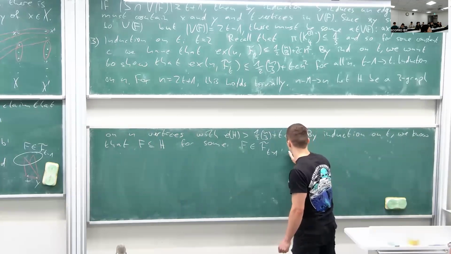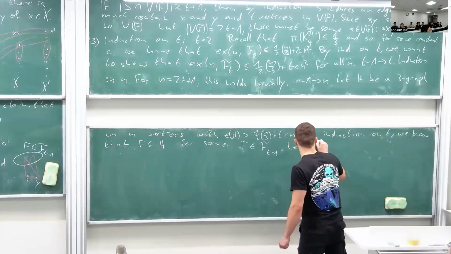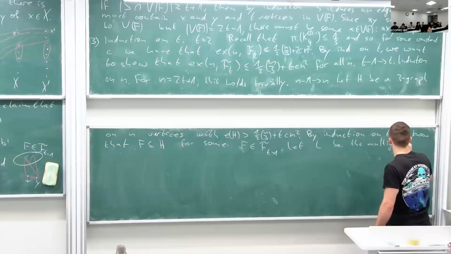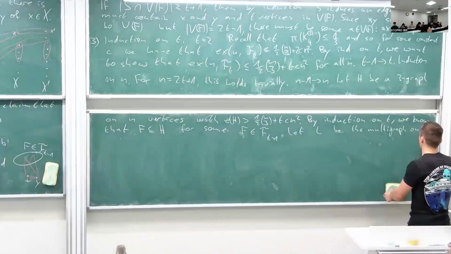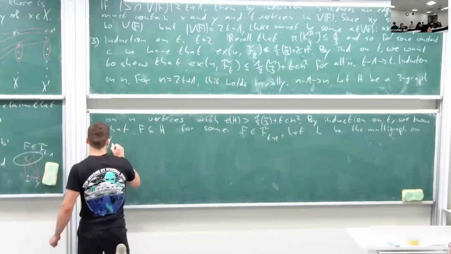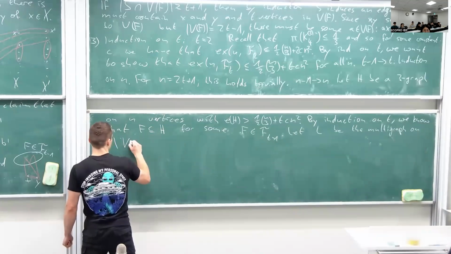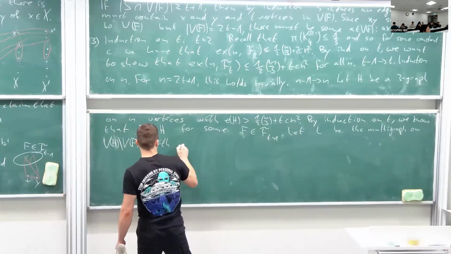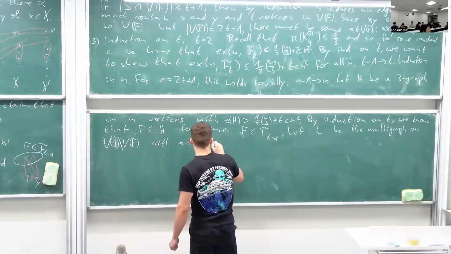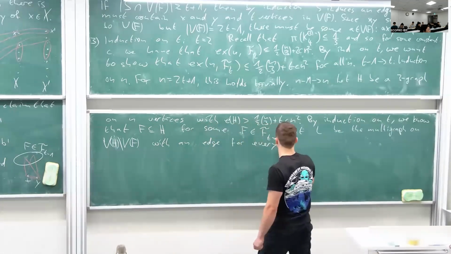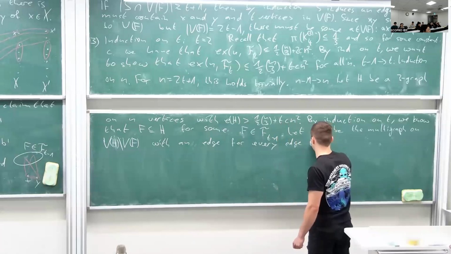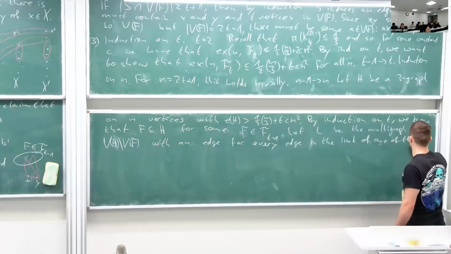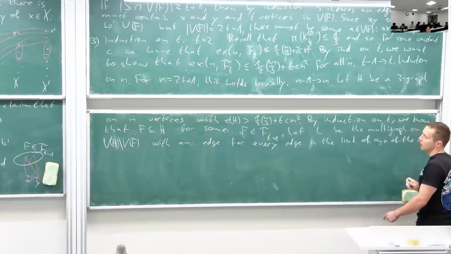And let now L be the multigraph on the vertex set minus the vertices in F, with an edge for every edge in the link of one of the vertices of this copy of F.